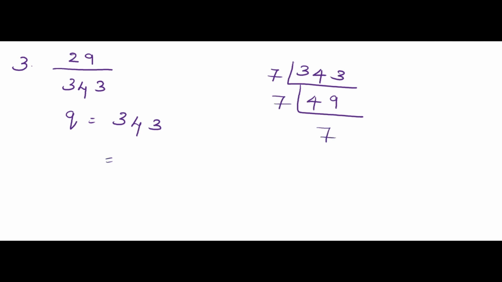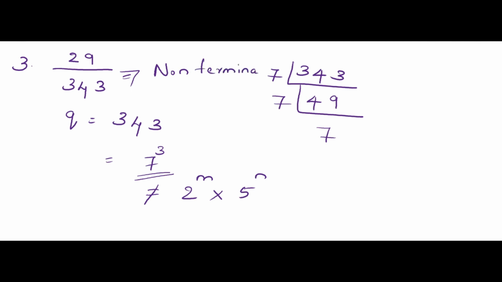So this can be expressed as 7 cube. Since the denominator is not of the form 2 raised to m into 5 raised to n and it has 7 as its factor, the decimal expansion of 29 by 343 is non-terminating repeating.